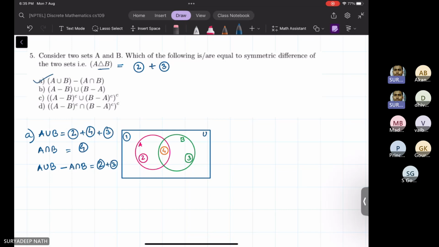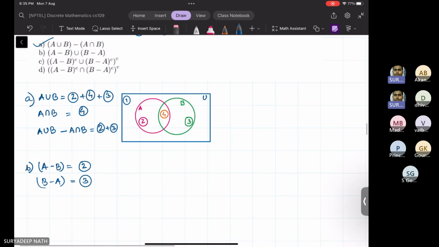So option A is the correct answer for this question. If we see option B, A minus B is region 2, and B minus A is region 3. Therefore, A minus B union B minus A would be 2 plus 3. So again, option B is correct.